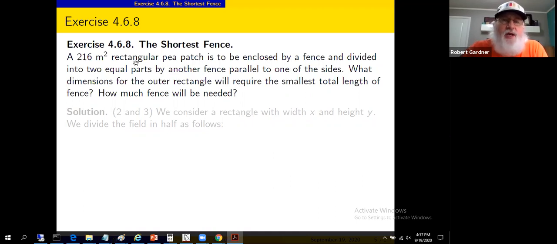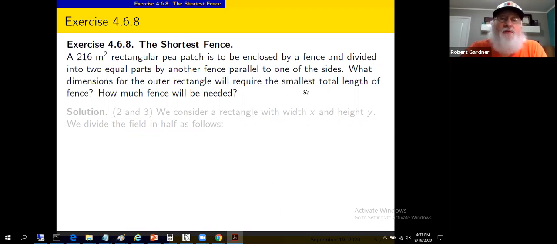Rectangle should catch your eye. The fact that they plant peas in this patch is neither here nor there. Enclosed by a fence and divided into 2 equal parts by another fence parallel to one of the sides. So they've taken a rectangle and they've cut it in half. If I draw the rectangle horizontally or vertically, then they've cut it horizontally or vertically. So that's the story so far.